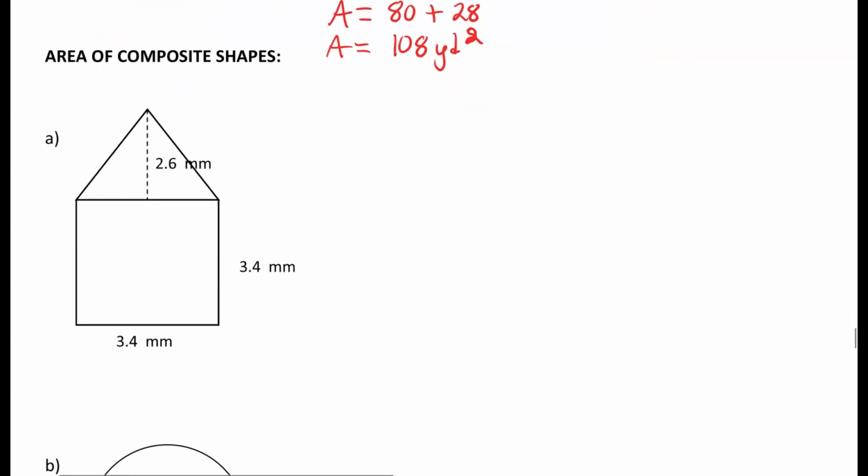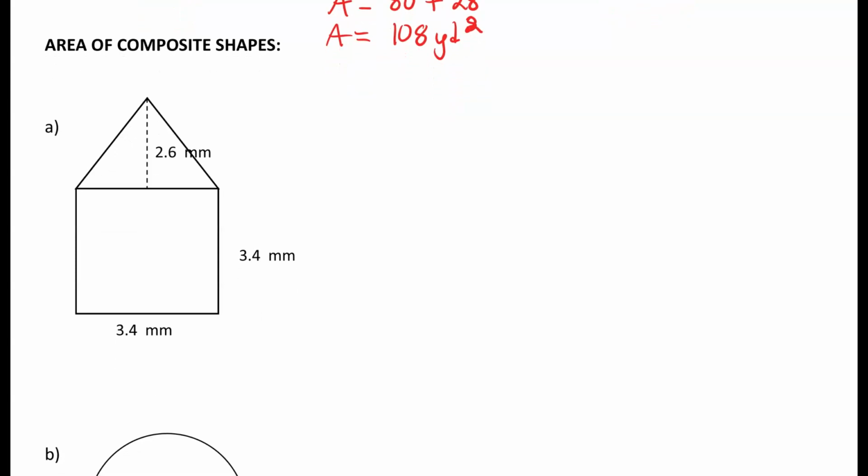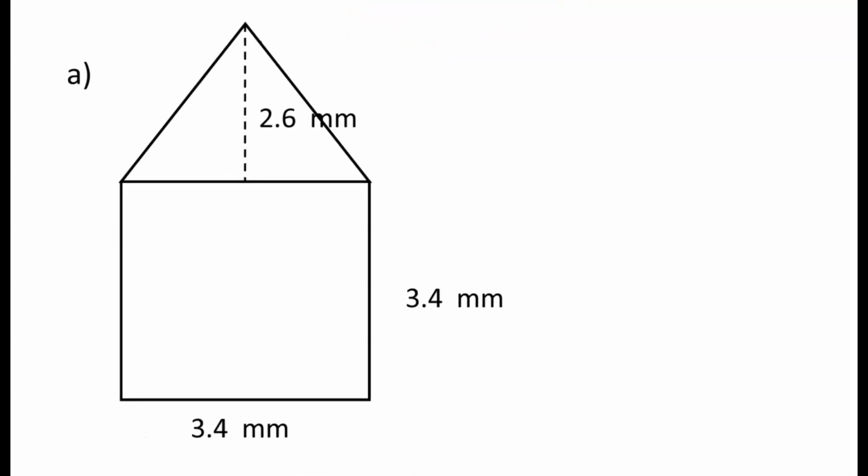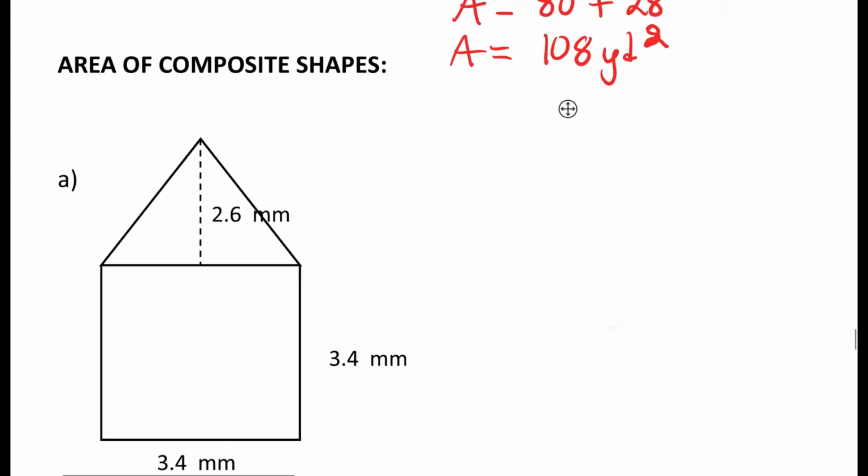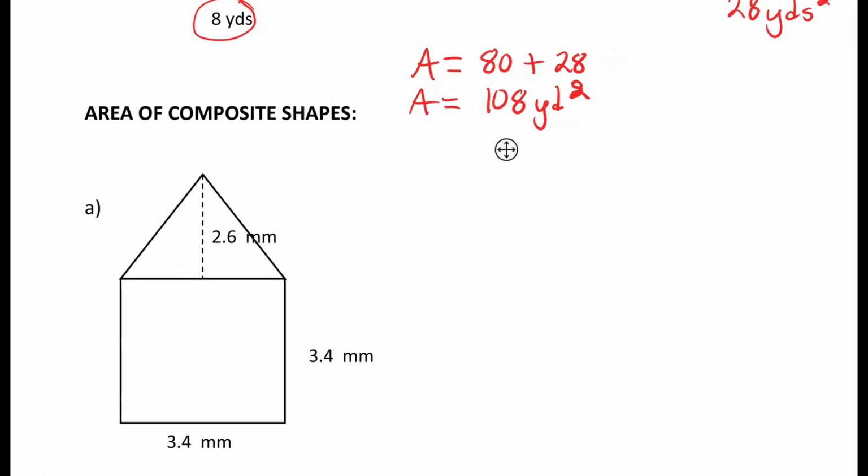The next part we're going to look at is area of a composite shape. So this is going to be made up of more than one shape. In this one here, we have a square on the bottom and a triangle on the top. So if we're finding the area for all of this, we need to break it into two different shapes, 1 and 2.